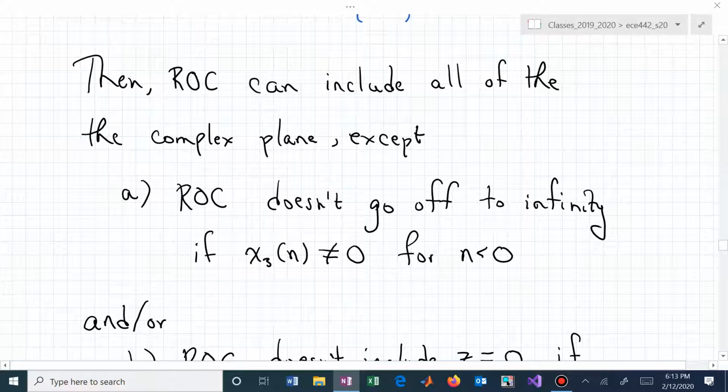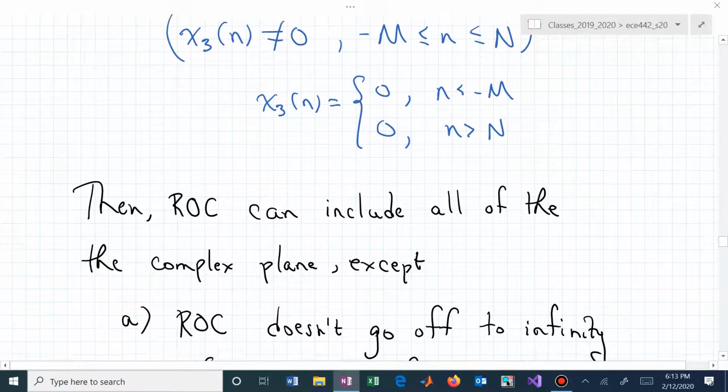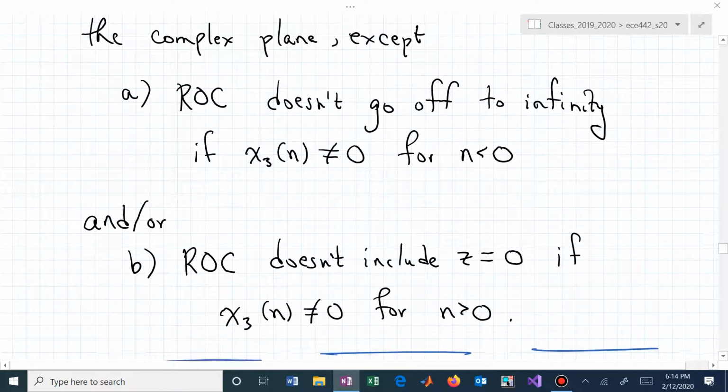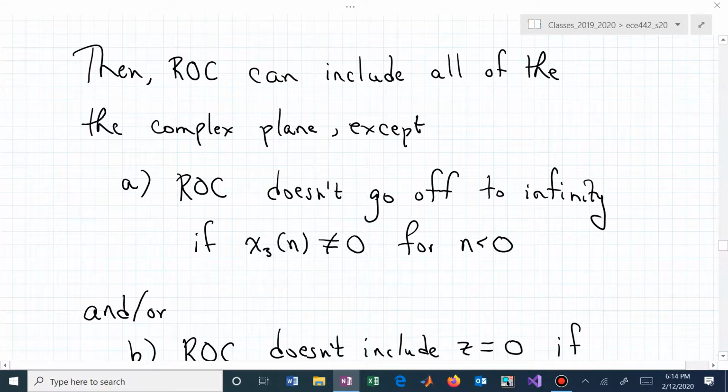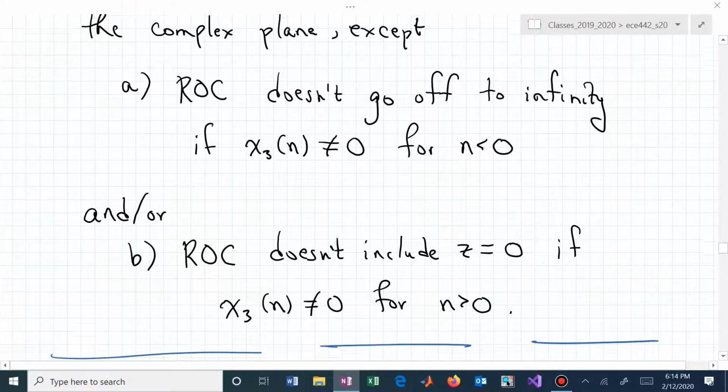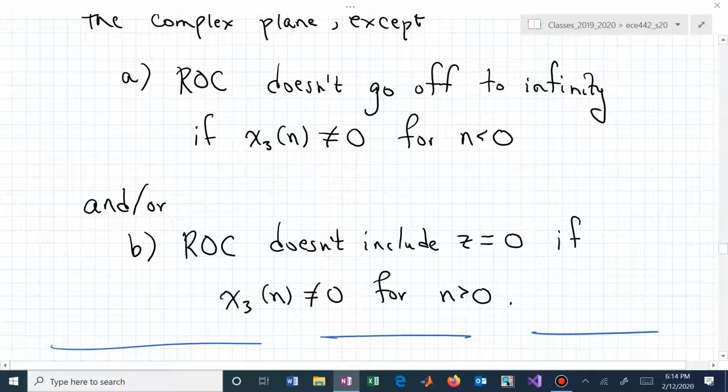So the region of convergence for a finite duration sequence is the entire complex plane except maybe it doesn't go off to infinity, or maybe it doesn't include the origin.